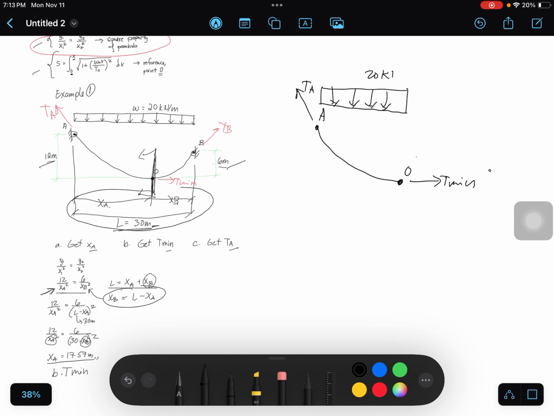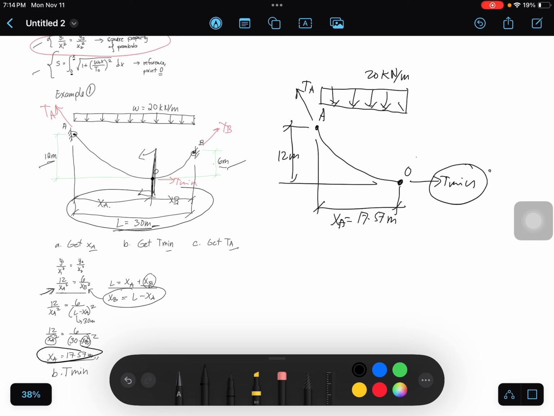Per meter. Doon. Then, we have a height. May 12 meters to. And then, horizontal distance. Nakuha natin na to. This is XA, equal to 17.57 meters. Okay, let's find, anong pinapahanap niya? Si T-min. Ito si T-min.